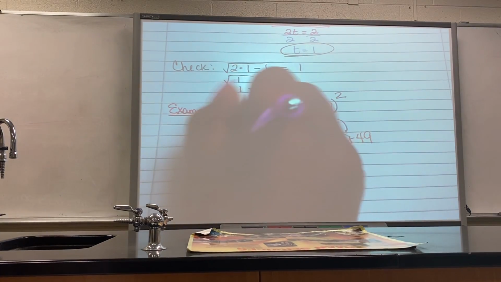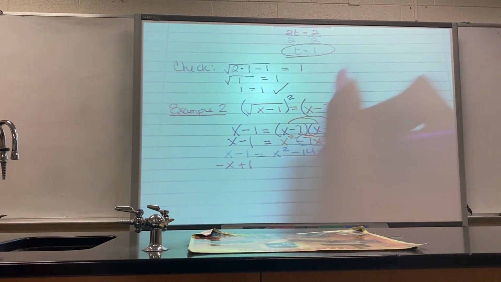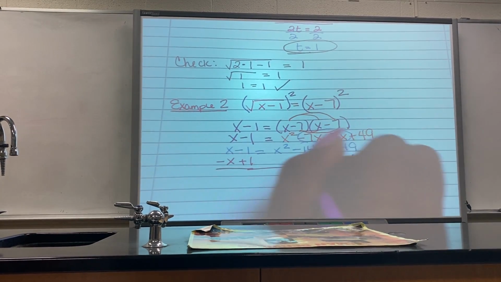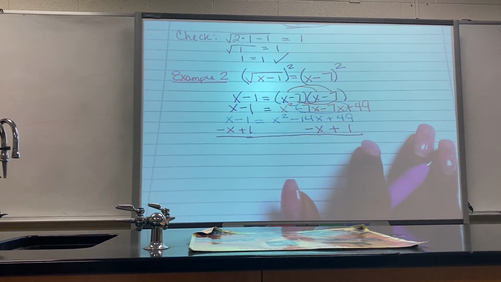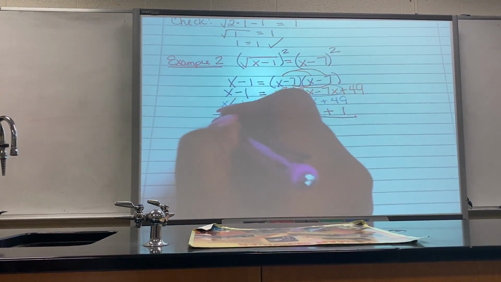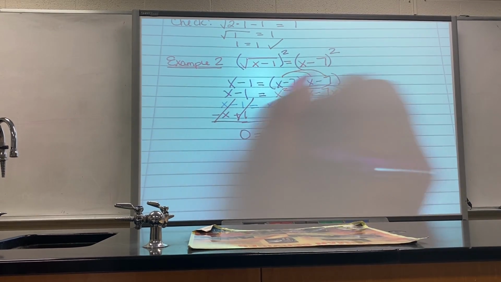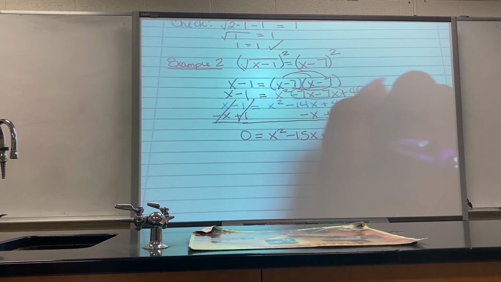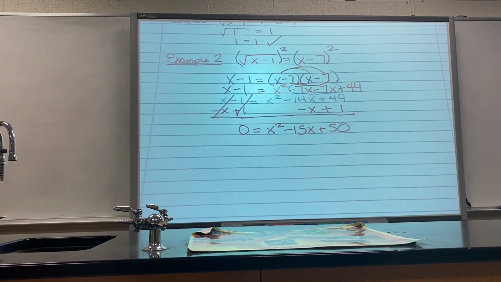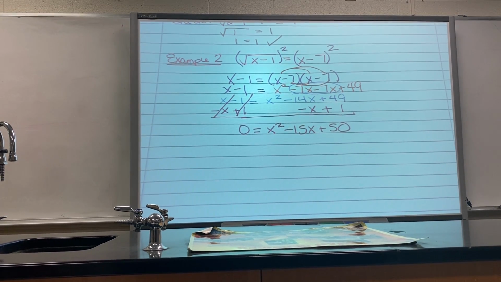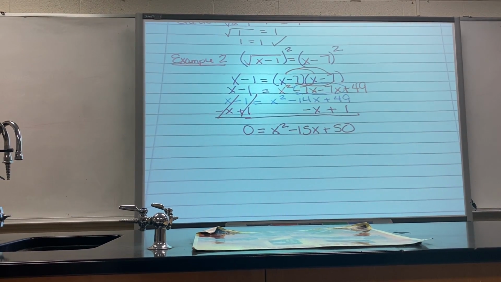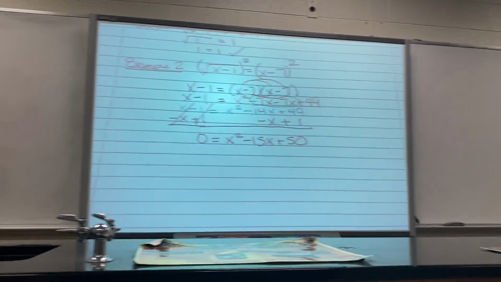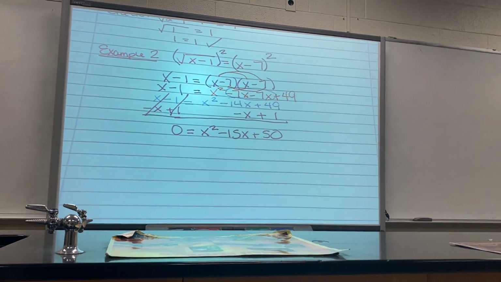So I'm going to subtract x and add 1 on both sides. So that way my left side becomes just 0. And I have x squared minus 15x plus 50. Questions so far?